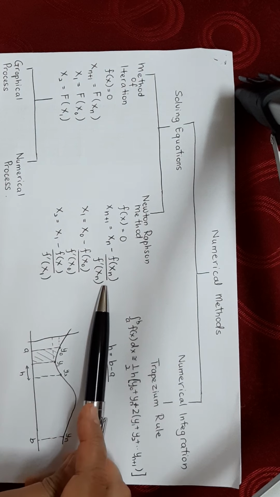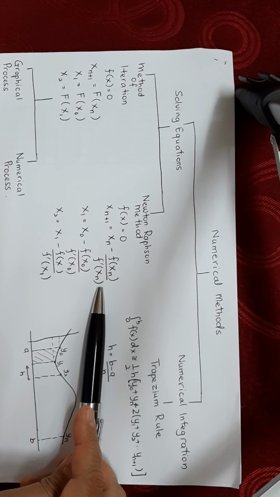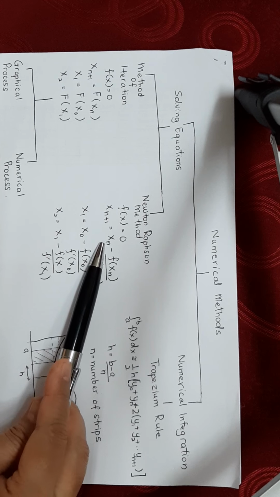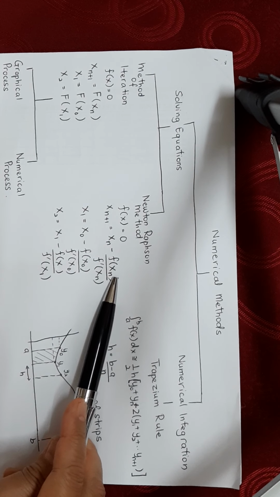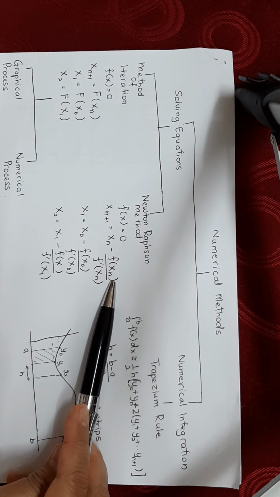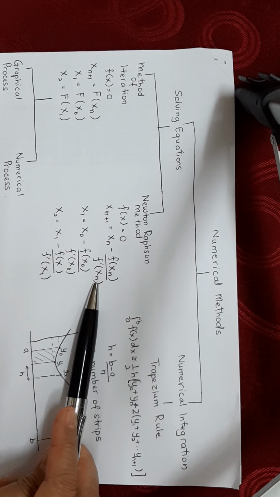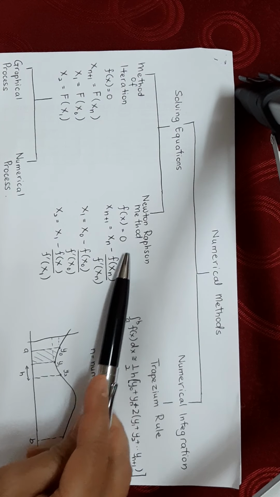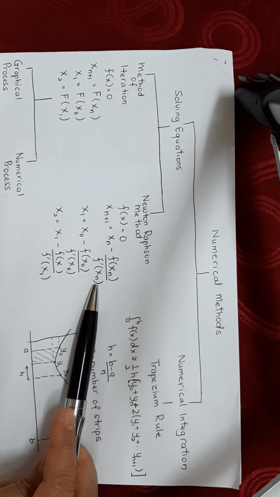The formula you're going to use under the Newton-Raphson method is this one: x sub n+1 is xn minus f(x), the same f(x) that you want to solve, except that you substitute x with xn, divided by the differentiation of the equation that you want to solve, substituting in your value of xn.